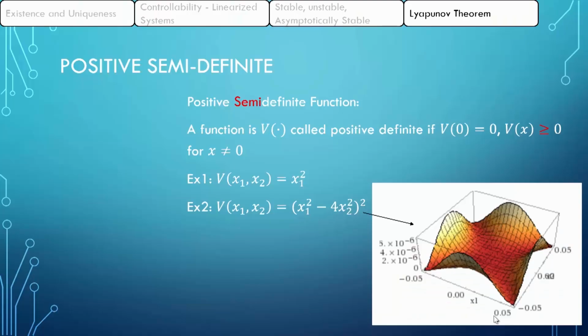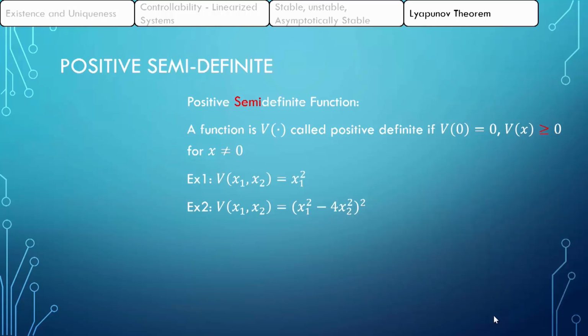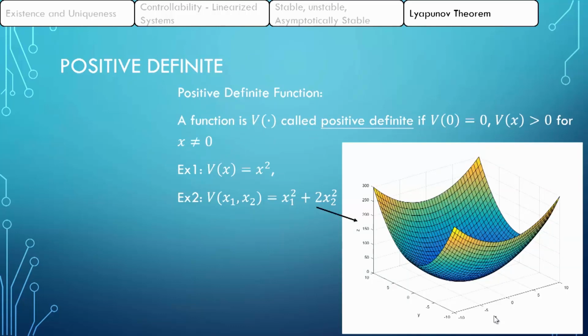So in this case, where more than the origin contains arguments that result in v being 0, then it's PSD. But for the PD case, only one point or only one argument can lead to a zero value of v. In this case it is positive definite.